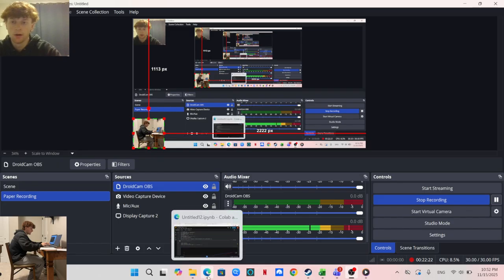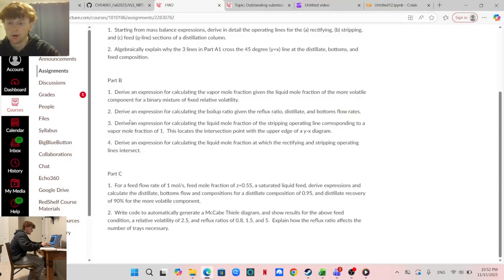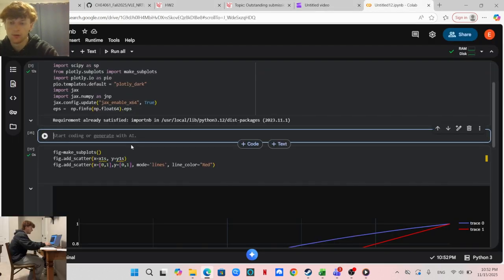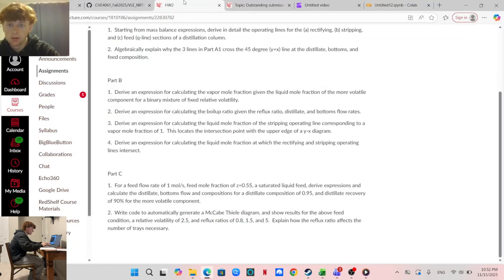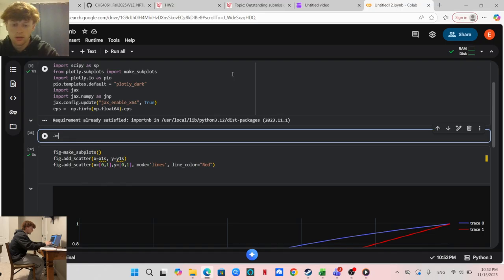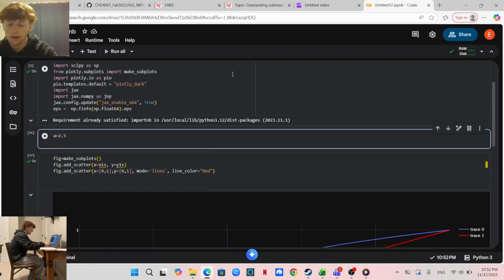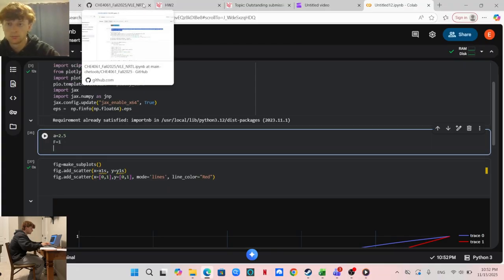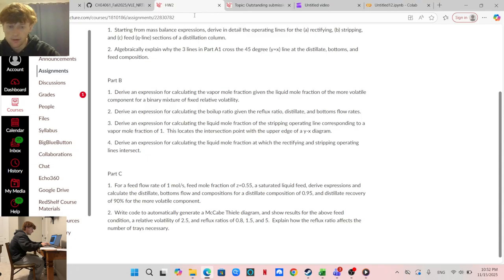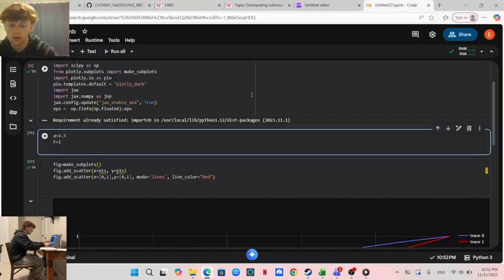Okay, we're going to be working on the Python for homework 2, Part C, Part 2. So we have our volatility equal to 2.5, and then our F is equal to 1, our distillate composition XD equal to 0.95.